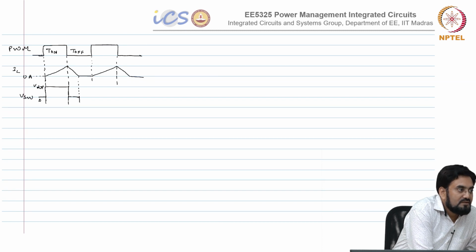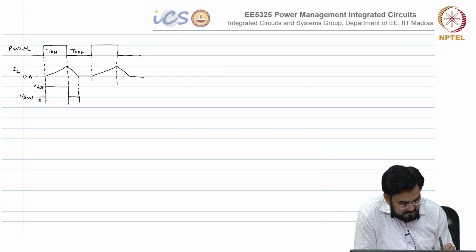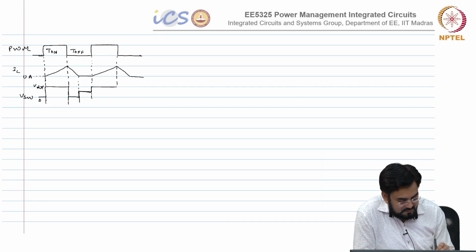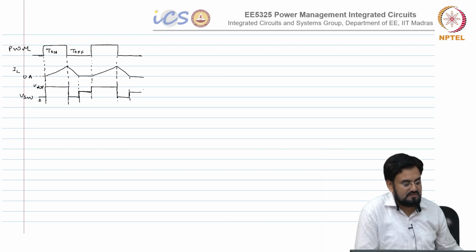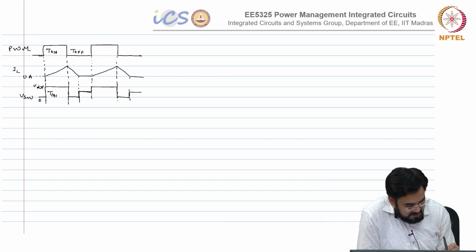Where will it go? V out, because that's a high impedance. That is how waveform looks like. So this T on remains T on. If I call this as T off 1 and this as T off 2.